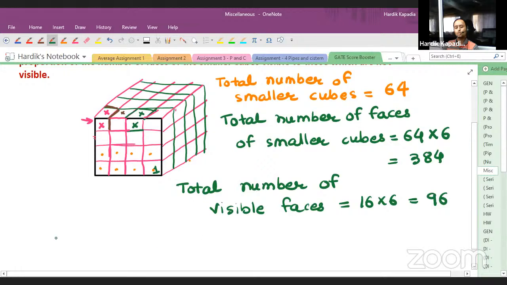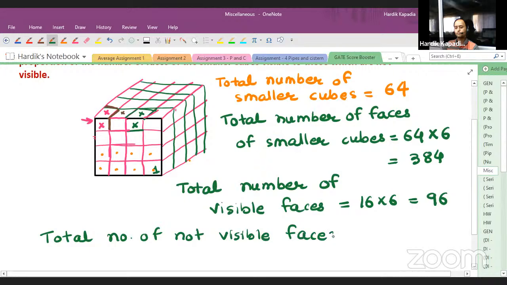So total number of not visible faces, 388.